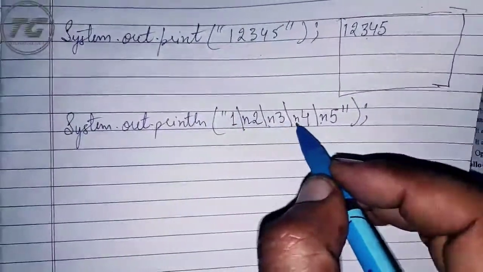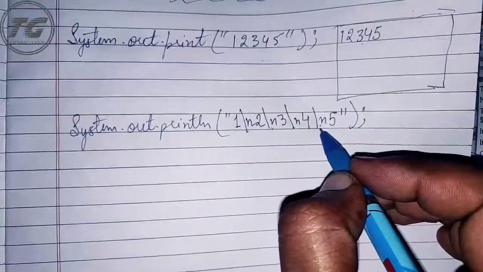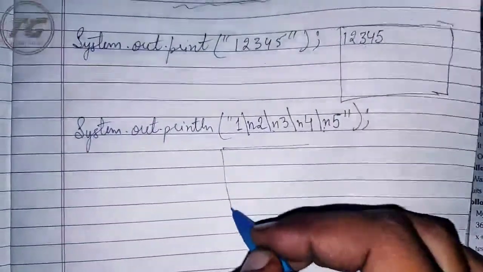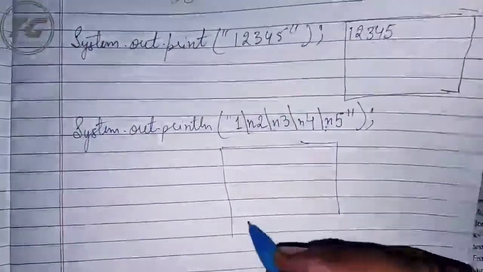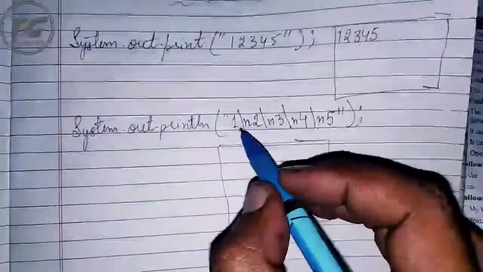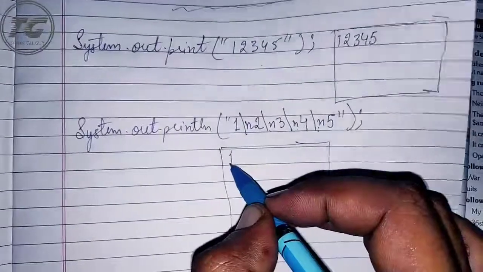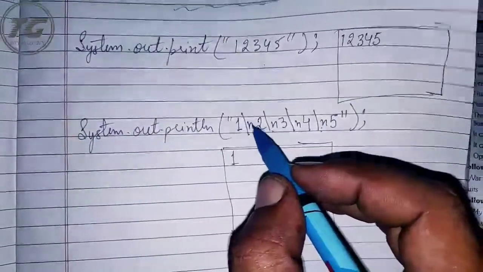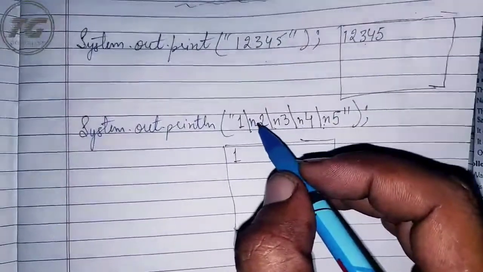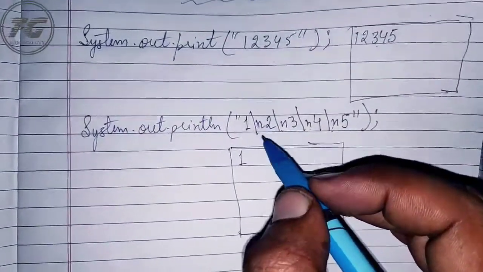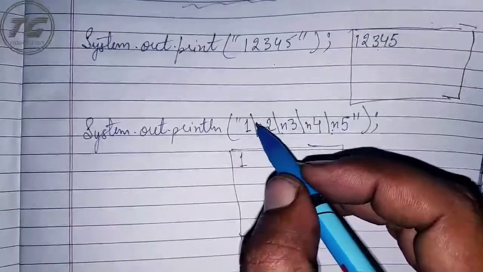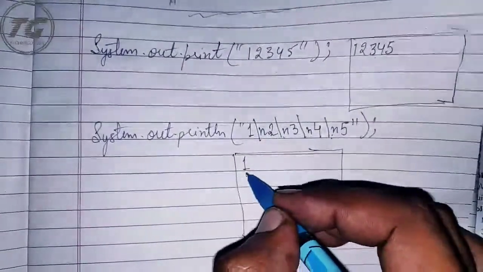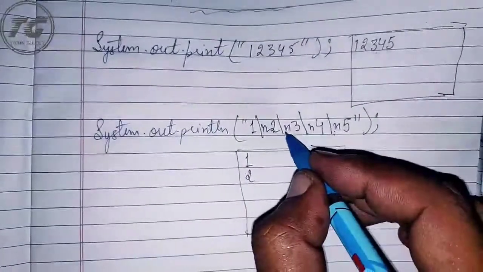Escape sequences have a meaning, and \n is for a new line, so the output will be as follows. On the output screen, firstly 1 will be printed. \n will not be printed, because it is an escape sequence and has a meaning: a new line will be given, and after the new line 2 will be printed.